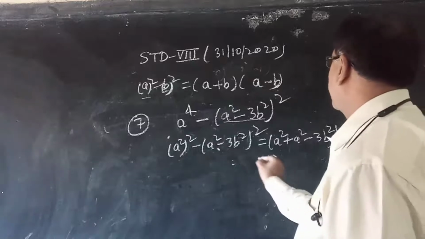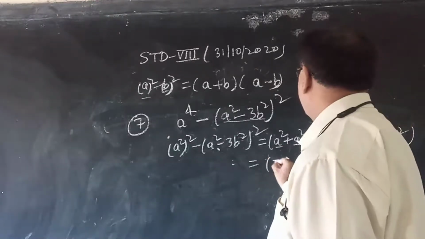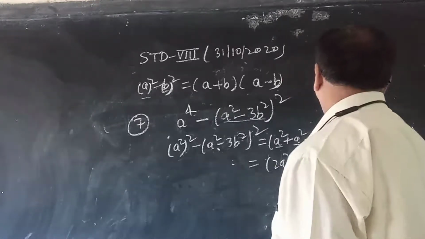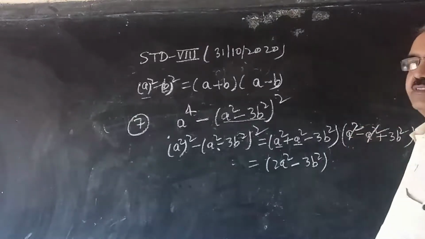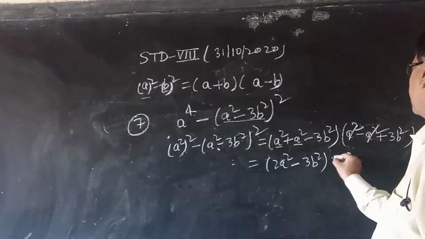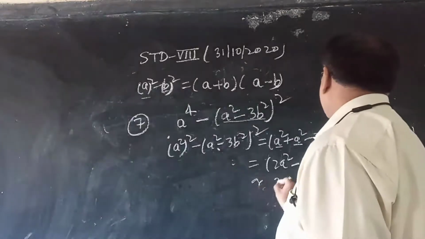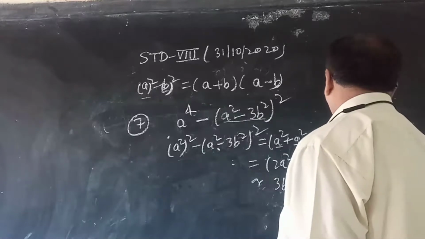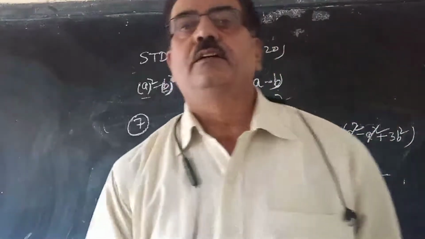Now operate the like terms. So a square plus a square becomes 2a square minus 3b square, and a square minus a square will be cancelled. So what is left here? 3b square. So we can write 2a square minus 3b square. This is our answer.